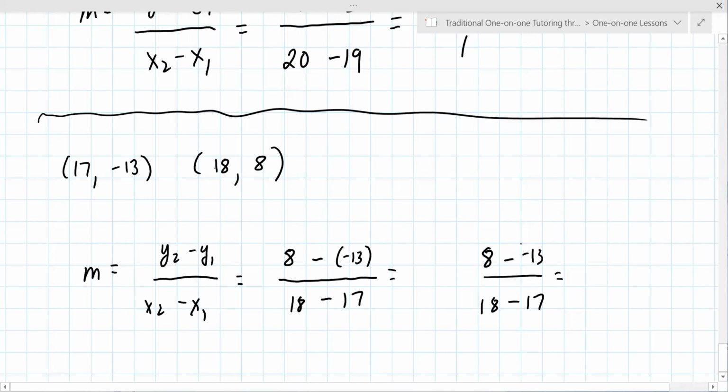What does this become? Two negatives, so it becomes positive. Okay, I got it.